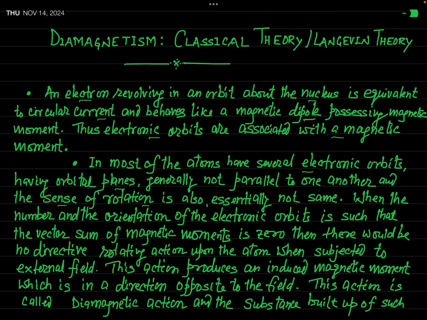But actually, the field will cause a rotating action owing to its influence on the individual electronic orbits. This action produces an induced magnetic dipole moment, which in accordance with Lenz's law will be in a direction opposite to the field and hence tends to decrease the magnetic induction.